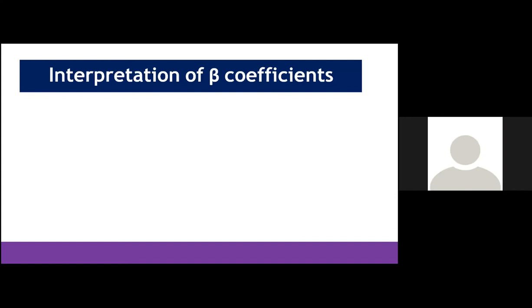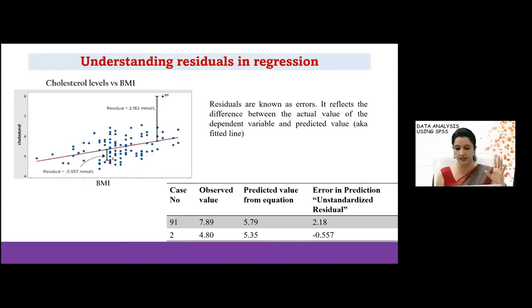Dr. Poonam: Can you just repeat the standardized residual once again? Yes. The standardized residual is basically: you take the mean of all residuals, deduct it from the residual value, and divide by the standard deviation. We call this a standardized residual.